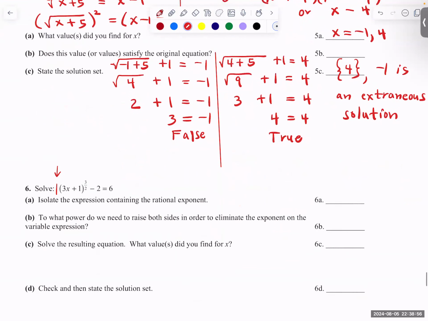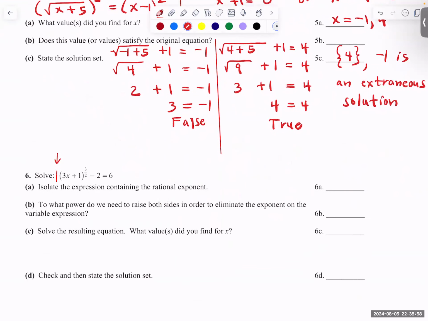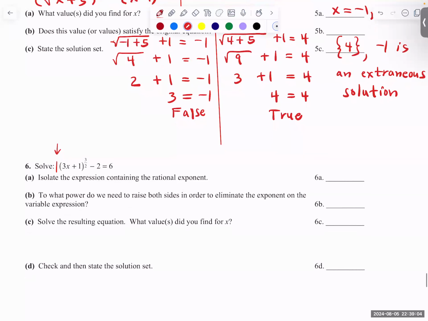The first step is to isolate the algebraic expression containing x by adding 2 to both sides. So 6 plus 2 will be 8. So the first step will be to have 3x plus 1 quantity raised to the 3/2 power equals 8.